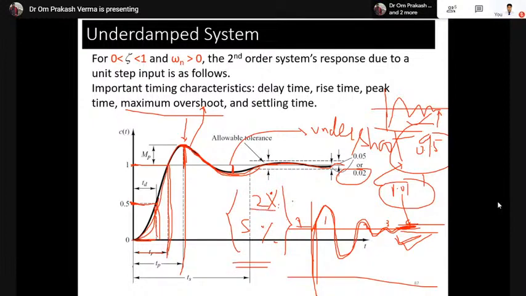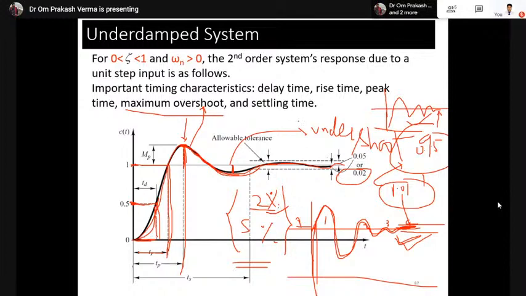So 2% means we can tolerate 1.02 at maximum, and similarly 0.98 for the 2%. Okay, so these are some tolerable values.